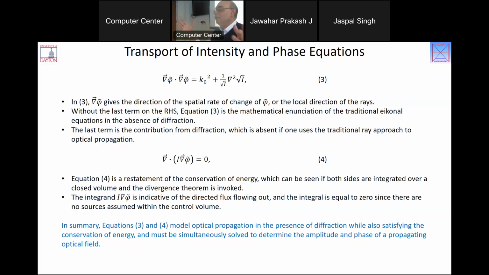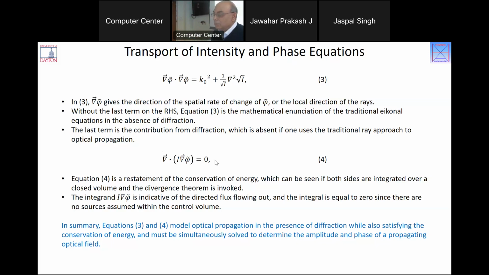And the net flux coming out of a volume should be zero, because if you have no sources inside, the total flux is zero. Make sense? So really, this equation is a restatement of the conservation of energy. This is something I realized way back in '82, '83. And these are very important things here. So these equations have a lot of meaning.